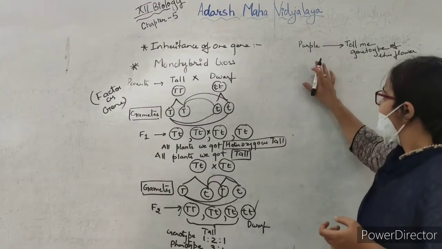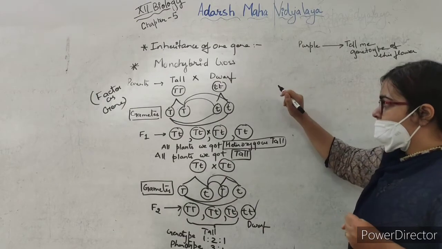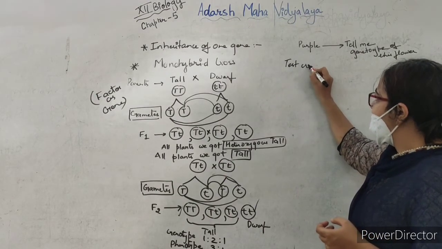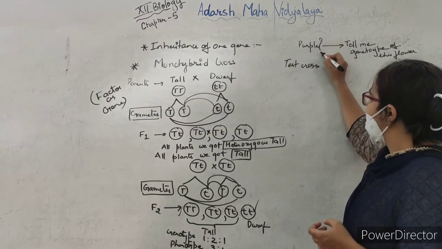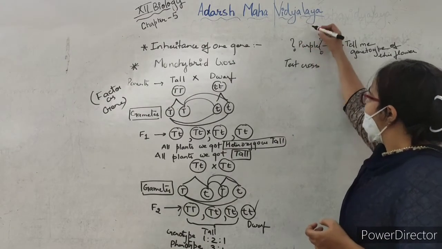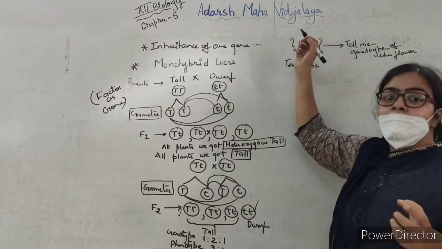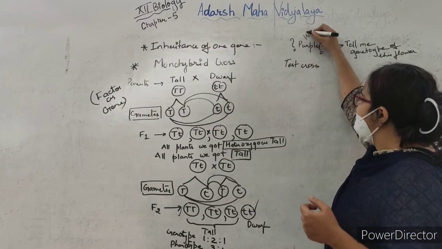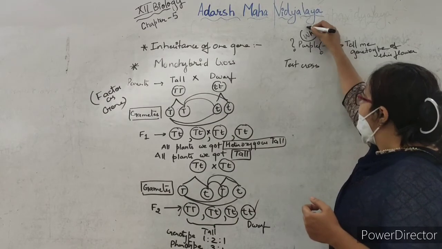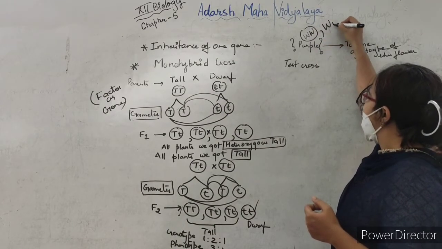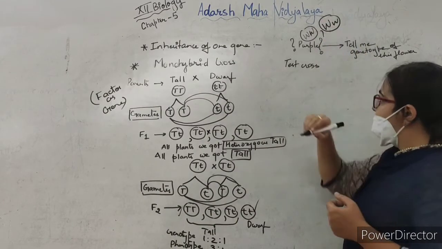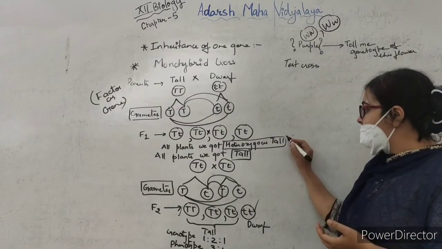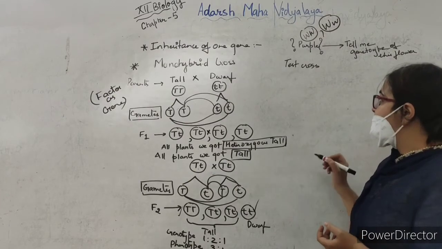So here we'll do a test cross and we'll find the genotype of this unknown flower, whether it is homozygous purple or it is heterozygous purple. Now purple is the dominant color when we talk about the flower color in pea plant.